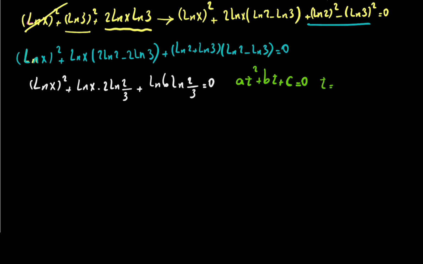That will be equal to minus b, positive and negative square root of b squared minus 4ac, divided by 2a. And I proved why this is correct, and I put the link of that video in the description. If you don't know, you can check.